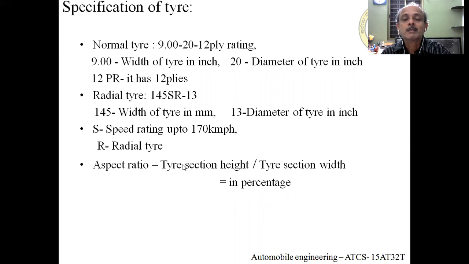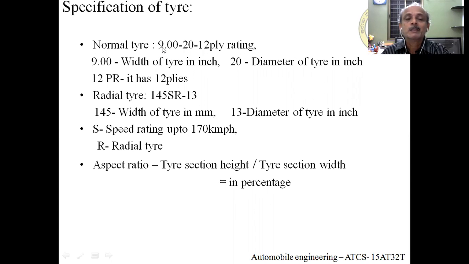On the tire side, as everybody can see, a specification is written: 9-00-20-12 ply rating. This type of write-up is there. Different tires have different sizes.